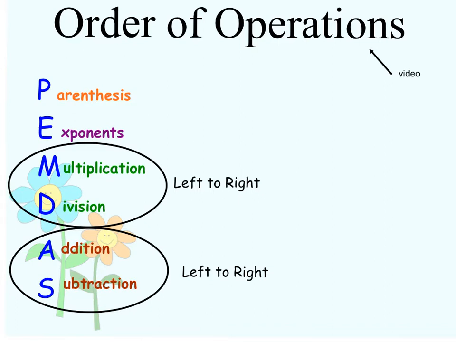So for example, if I had 10 divided by 5 times 2, since I have both multiplication and division, I'm going to solve this going left to right. So you don't always perform the multiplication first. Same thing with addition and subtraction. If you end up with both adding and subtracting, you always go left to right. So if I had 9 minus 3 plus 2, again, I'm going to go left to right.